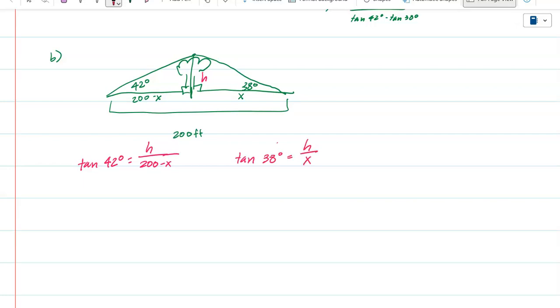I could solve this one for h: h equals x times tangent of 38 degrees. And I could use substitution instead. I could just substitute this in for h: x times tangent of 38 over 200 minus x.